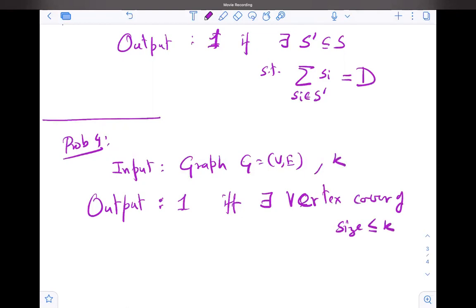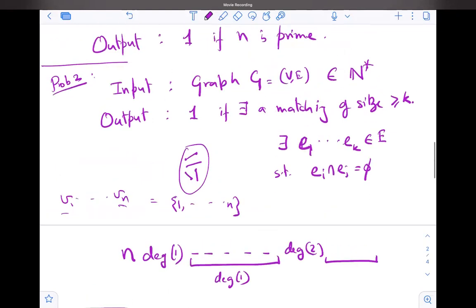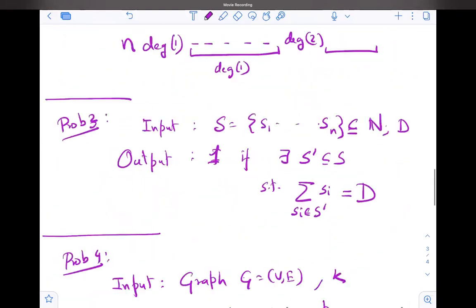So there is a k involved here. Did I write a k here? Okay, I should have written a k over here. This k is also an input.